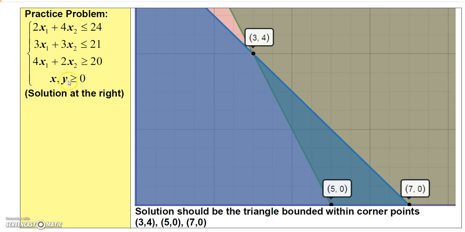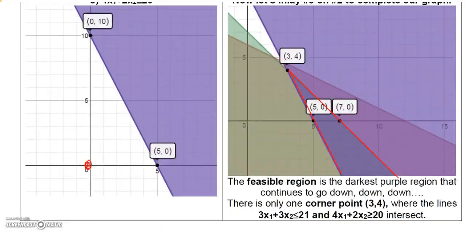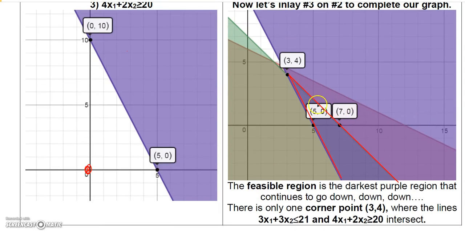If I tell you that, then that means that I only include the portion that's in the first quadrant. So if you go back and look at what I had graphed earlier, remember I had this triangular looking shape that went on forever and ever, but if I'm restricted to the first quadrant, then it's going to be bounded right here by this little piece of segment, and those 2 points are actually (0, 5) and (0, 7).